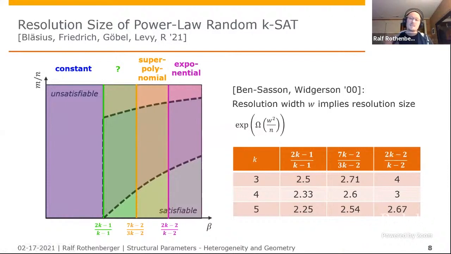And this is usually not a large range of power law exponents where we don't know anything. So this is something for future work, maybe closing this gap. And yeah, so those are essentially our results on heterogeneity.